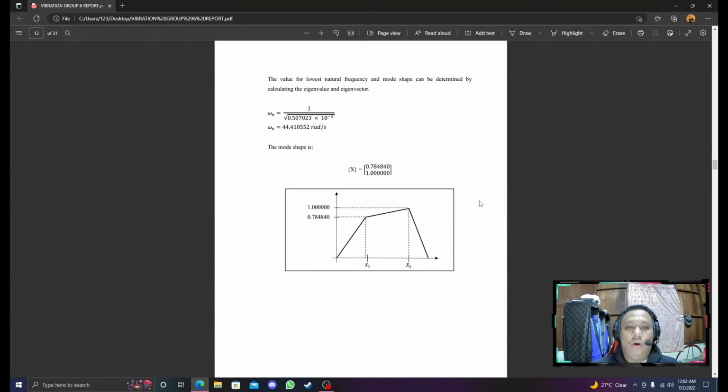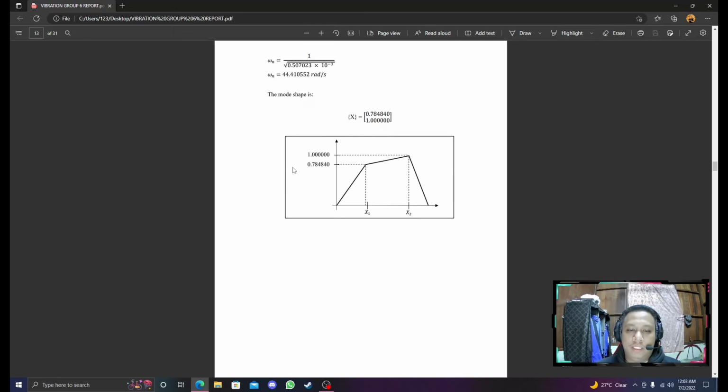The value for the lowest natural frequency and mode shape can be determined by calculating the eigenvalue and eigenvector. As you can see, this is 1 divided by 0.5070.23 times 10 to the negative 3, and you will get 44.410552 radian per second.